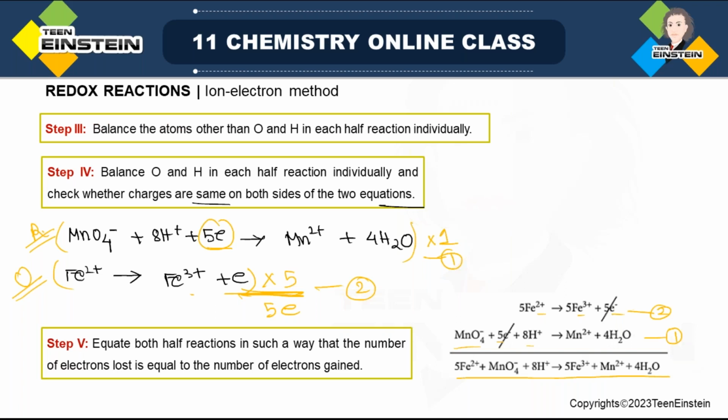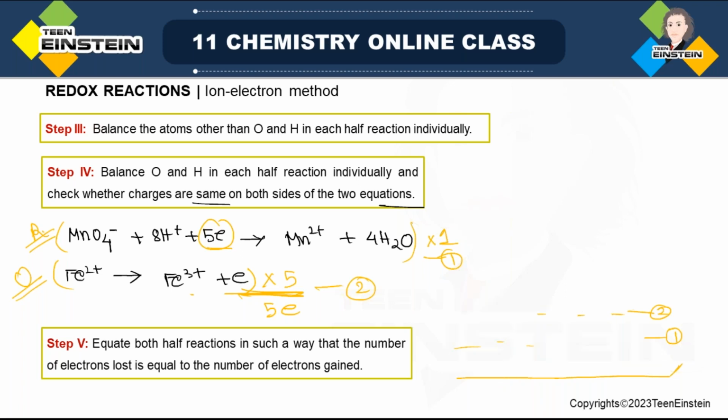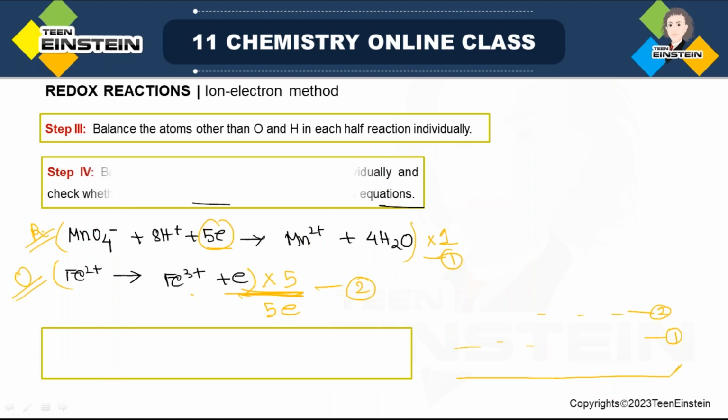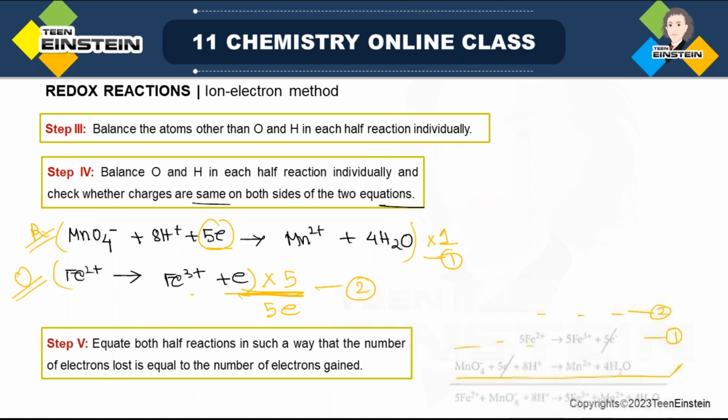Now mostly it will be asked to solve in ionic form, but you can also balance it in molecular form. You can put the spectators, remember in the previous slide, the spectators, that is KMnO4, FeSO4, H2SO4. So that you can do here.